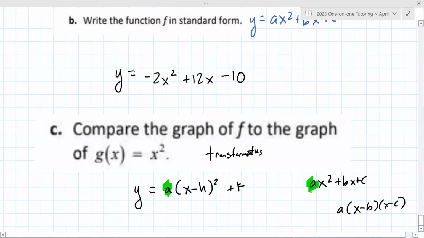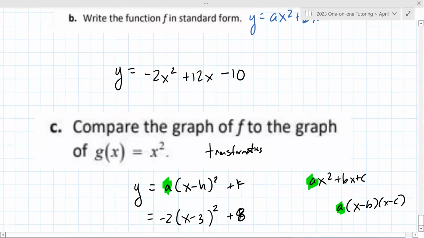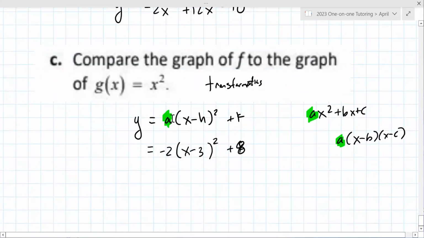The a. Okay, so that's really important here. You don't have to recalculate a. You already know that a is -2. You also know the vertex. So vertex x is 3, because it's the opposite of whatever it is. So even though it's kind of like, I got to write another form, you kind of already have it because a is the same in all three.